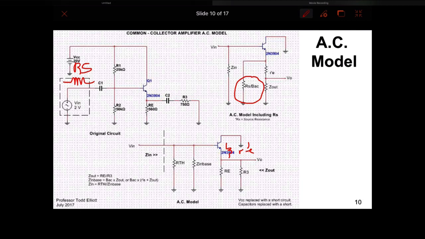Including the source impedance, this is what the AC model of the emitter actually looks like. I'll cover that in class. There's another handout somewhere on eLearn that covers that. But this presentation is just about the basic common collector.